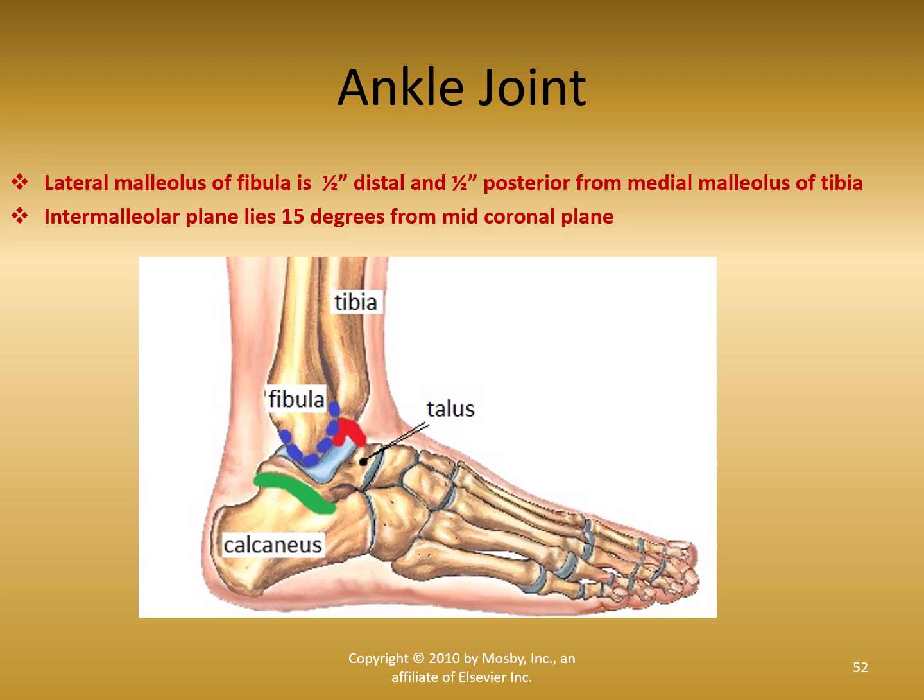So we can measure this intermalleolar line and its relationship from the malleolus of the fibula to the malleolus of the tibia. That line there that can be drawn will actually make a 15-degree angle from the mid-coronal plane of that leg if we slice that leg in half anterior to posterior.